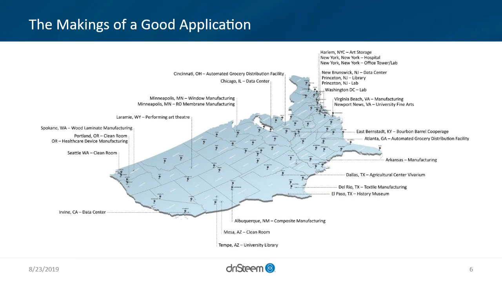At DriSteem, we would put this at about 33% based on our data, followed by university, lab, and office space. Where a majority of this comes from is, can they benefit from lower energy usage? We'll definitely be talking energy throughout this morning and why HPA, or high pressure atomization, might be a good fit. The thing that you were able to see on the screen was that healthcare is new.